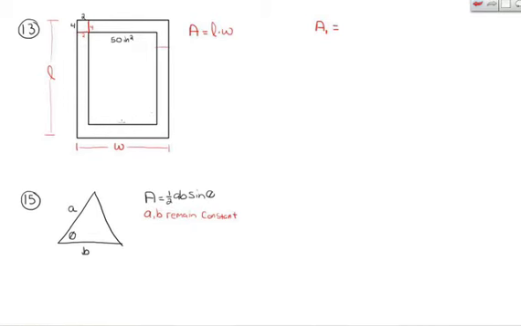So I know that this length here is W minus 4, and then this length would be L minus 8. So I know that the area is going to be W minus 4 times L minus 8. And so before I can convert, looks like I need to maybe clean this up a little bit.